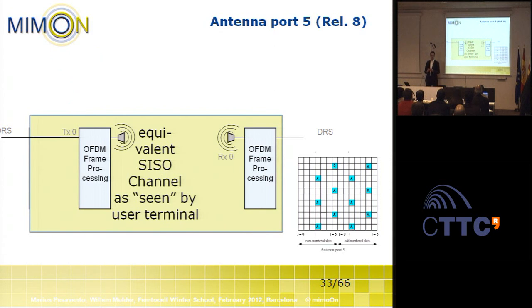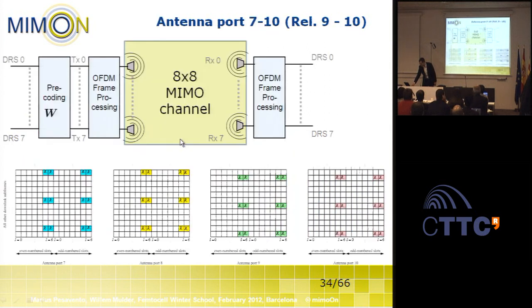If it detects the user-specific reference signals, what it sees is just a SISO channel, because the reference signals are transmitted with the particular beamformer that is chosen. However, it allows the user equipment to implicitly estimate the equivalent SISO channel, and that's all it needs to detect the symbols.